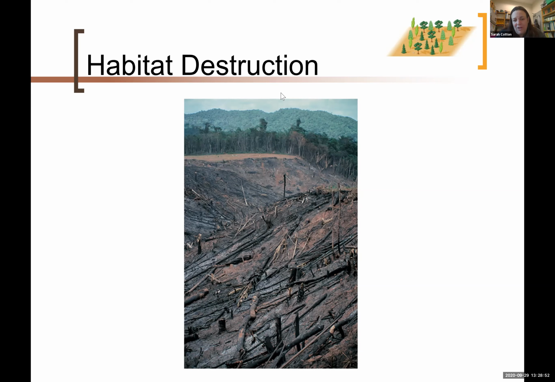In tropical rainforests, one of the characteristics you'll be learning about this week is that their soil is incredibly poor, right? So it doesn't have a lot of nutrients in it. And the topsoil is very, very thin. And so one of the problems with trying to farm in a location like that is that you can't grow crops for very long in that thin topsoil before it's completely depleted and you just can't grow anything there, right?